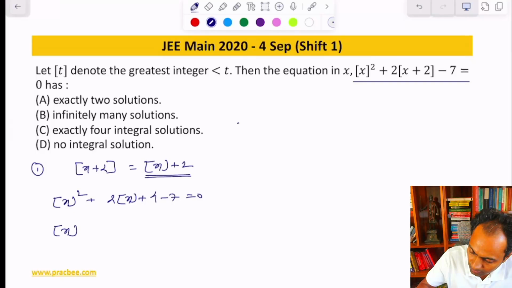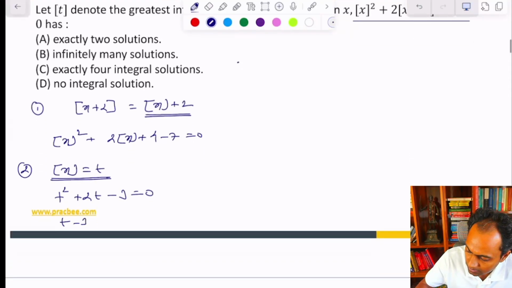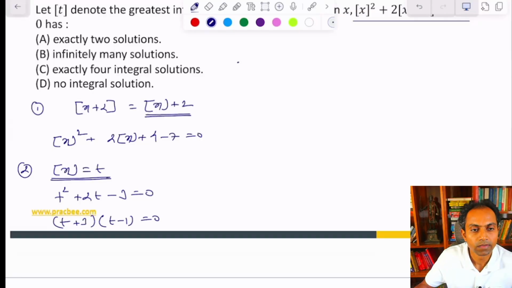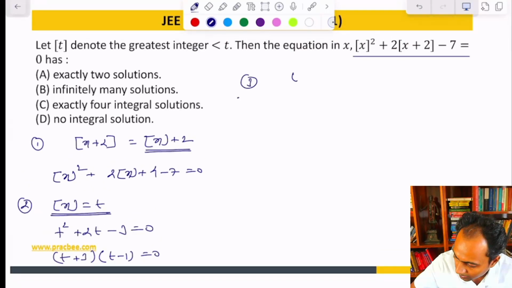Very simple thing that anybody would be able to observe is to put GIF as t. If I do that, this becomes a quadratic: t square plus 2t minus 3 is equal to 0, which in turn can be factorized as t plus 3 into t minus 1. The value of t comes out to be 1 and the value of t comes out to be minus 3.